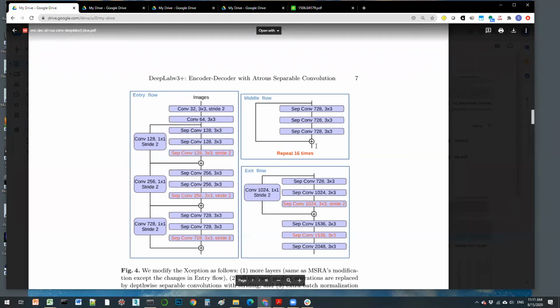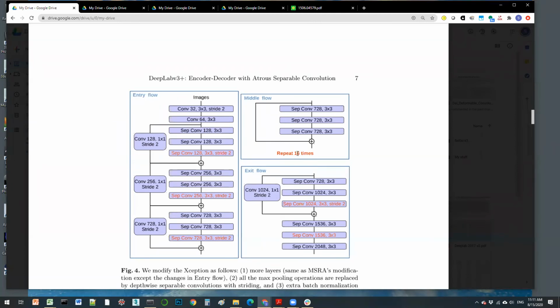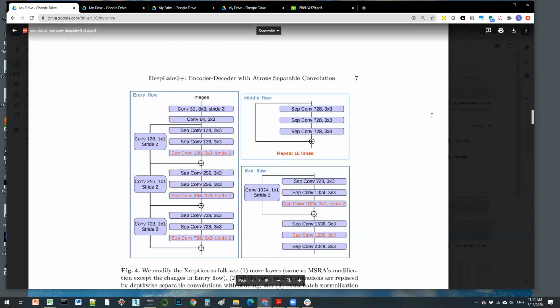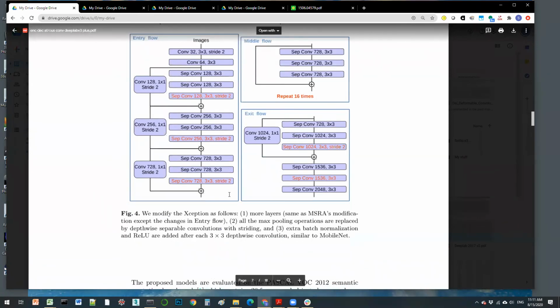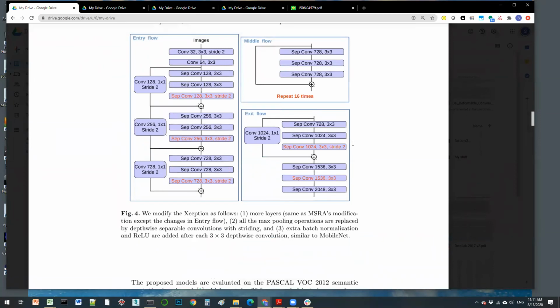You can see how many times they do just 3 levels of separable convolution, repeat 16 times. And again, the exit flow. For each of these details, I think we would need to look at the code and align it with this in order to get the complete understanding.